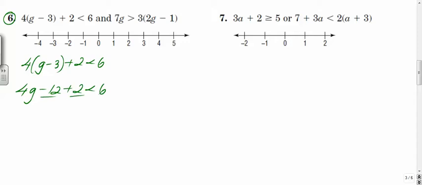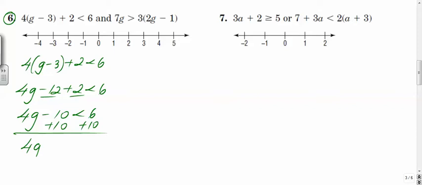Combining your like terms, minus 12 plus 2 is going to be minus 10 less than 6. Next step, add 10 to both sides, right? 4g minus 10 plus 10 is 0 less than 16. Divide by 4. Your g should be less than 4.